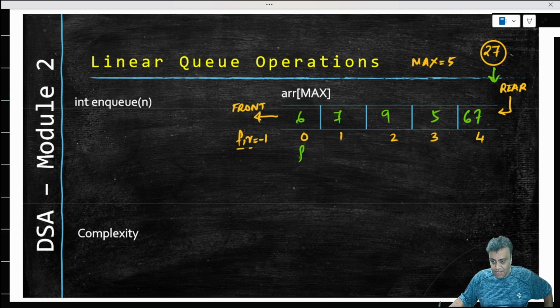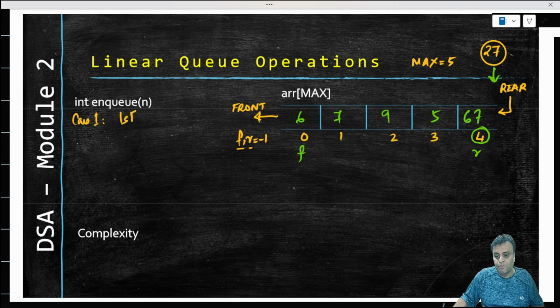Your front is here, but your rear is here, and rear is equal to 4, which means rear equals n minus 1 or max minus 1, and therefore the queue is supposed to be full. Therefore 27 cannot enter. So our first check whenever we try to do anything inside the queue, whenever we try to put any element inside the queue, is to check whether my queue is full or not.